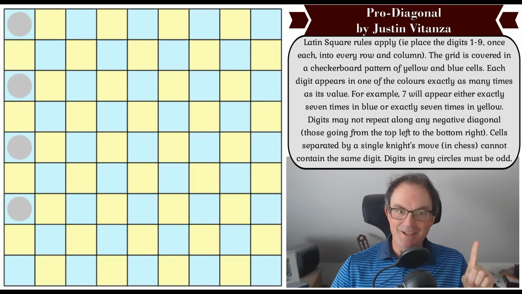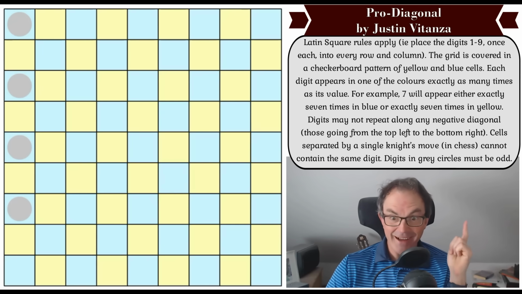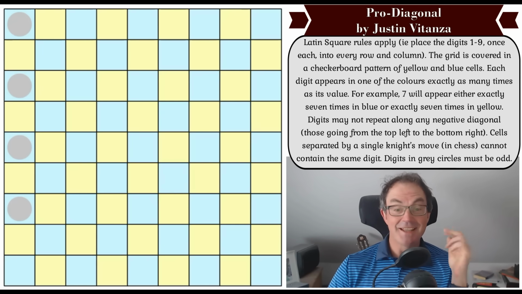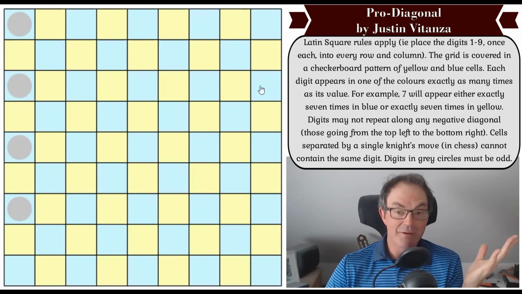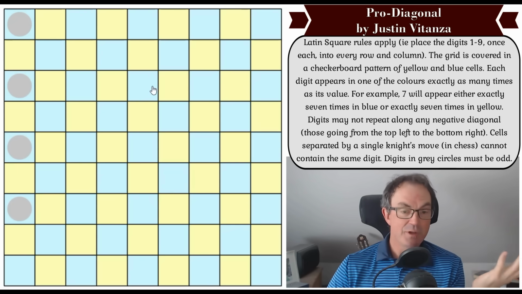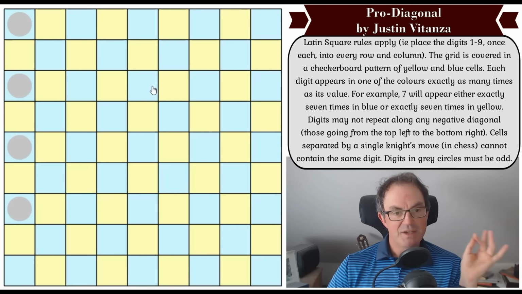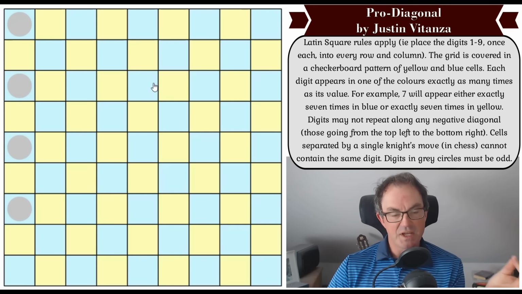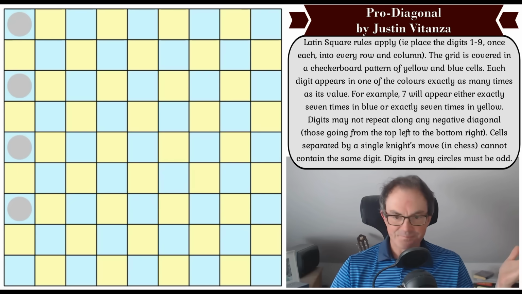Well, let me tell you, I know something about that. Oh, that's fantastic. So, right, okay, I mean, we can't really say any more about that. So, for example, the digit 6, it will either appear 6 times in blue or 6 times in yellow, etc.